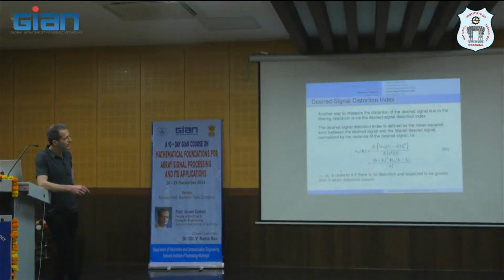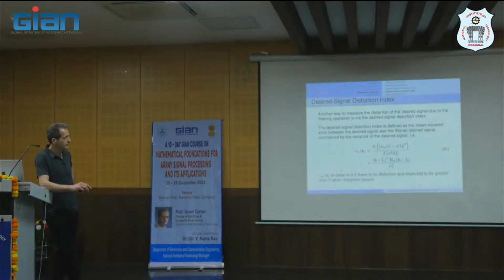So we can ask, what is the expectation of the error between the filtered desired signal and the original signal? So here we don't take into account the residual noise. We just care about the distortion, and it's normalized. So we have this expression.